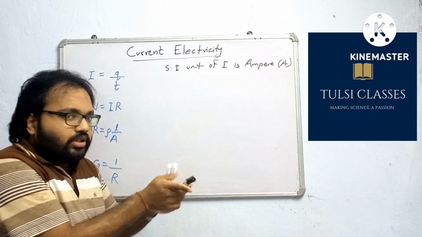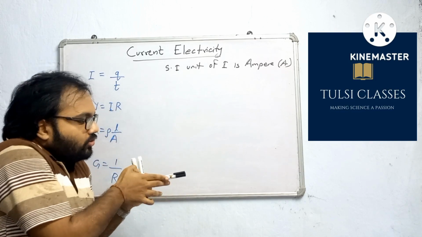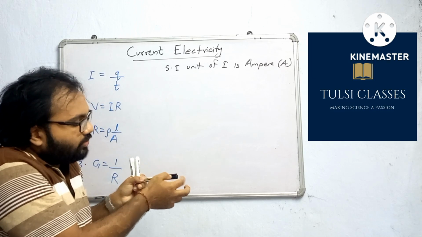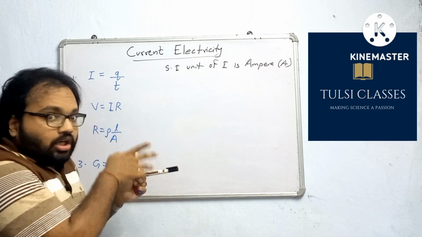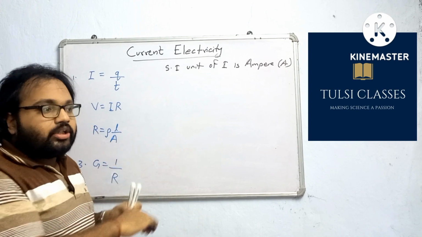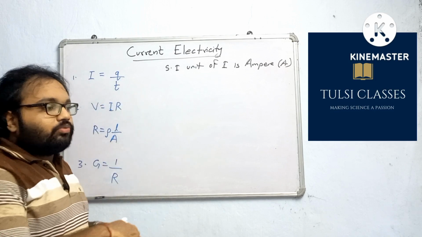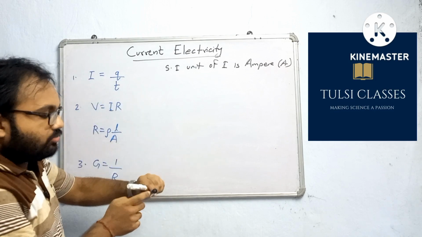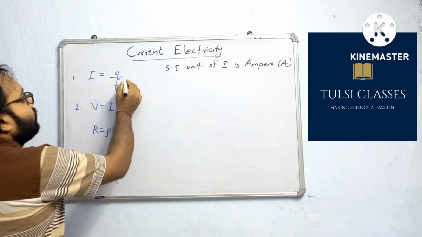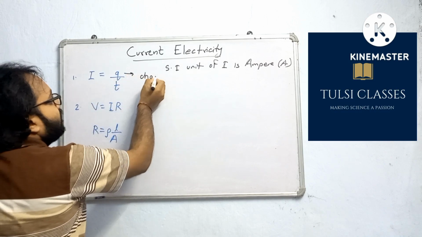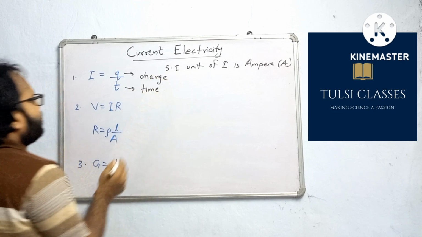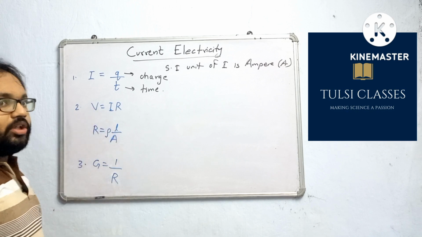If charge is flowing here, through any one cross sectional area, through this area how many coulombs of charge is flowing per second. In 1 second how many coulombs passes through this cross sectional area, that is defined as current. I is equal to Q by T. Q is charge and T is time.